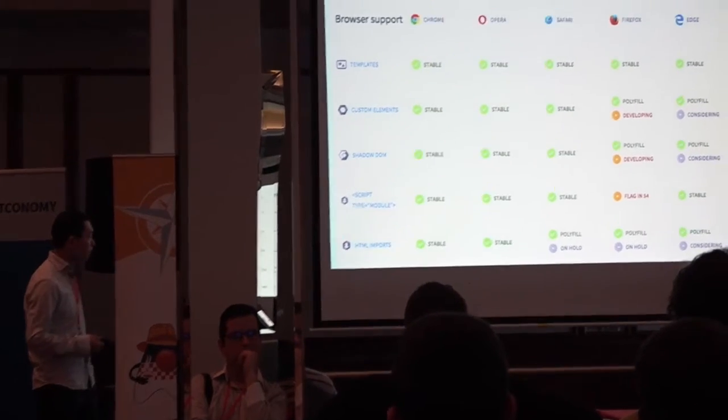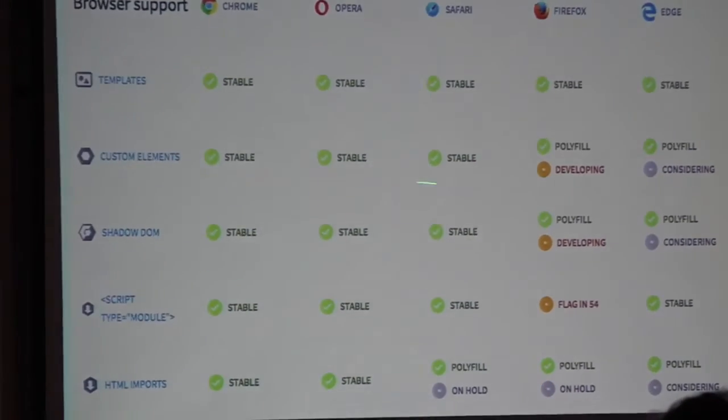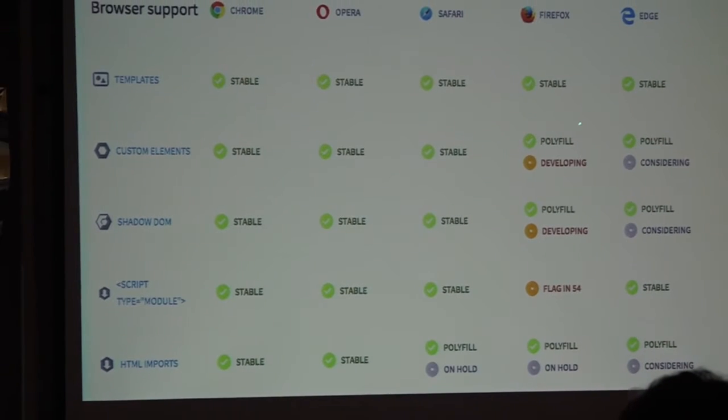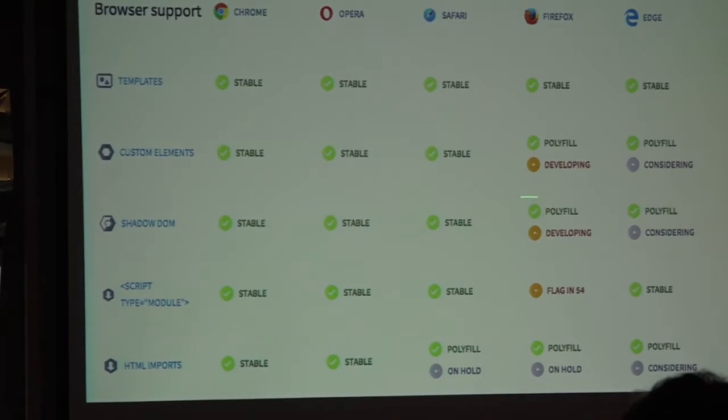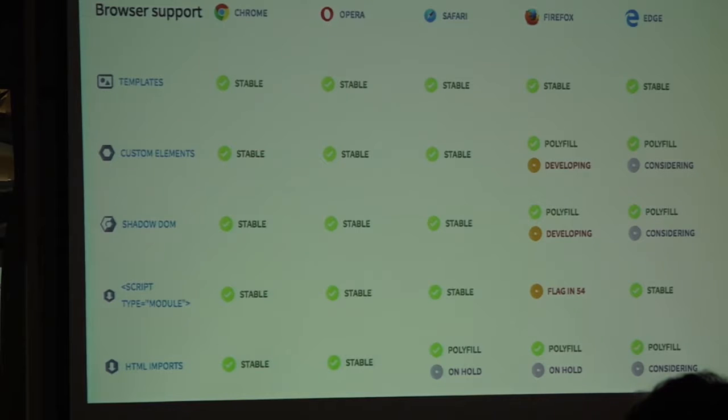For the custom elements and the Shadow DOM, it needs some polyfill, but you can see it's under development, and I think we would be able to see that Firefox is all green in the quite near future. And for Edge, it's a little bit lagging behind. It's implemented these templates and ES6 modules, but the custom elements and the Shadow DOM are still being considered for them. But hopefully Edge will catch up as well.